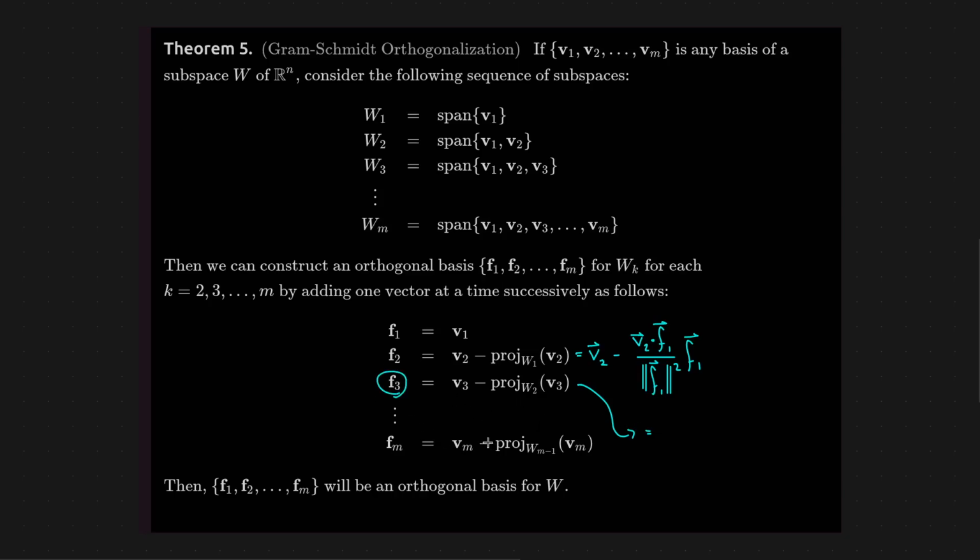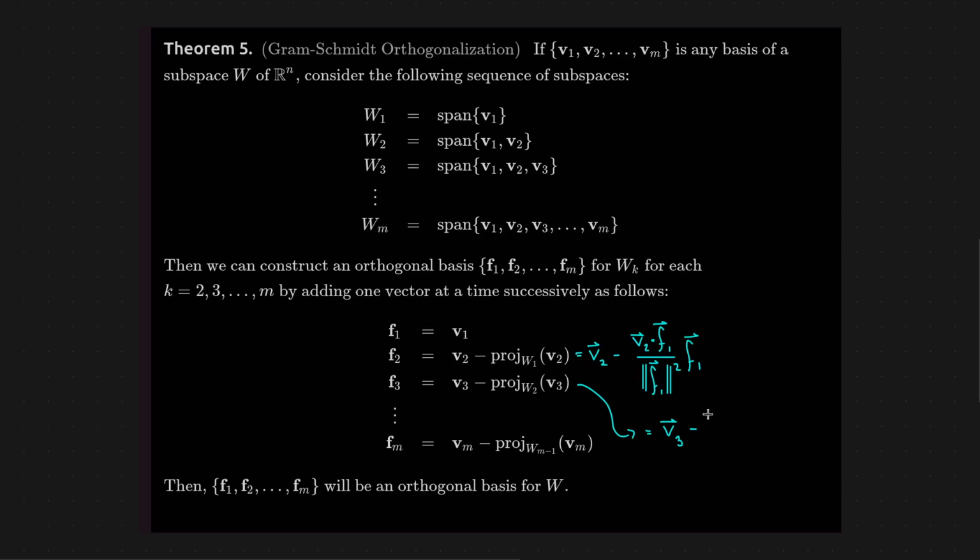And then for F3, I'm going to take V3 and subtract the projection of V3 onto W2. So that's going to be V3 minus the projection of V3 onto the orthogonal basis of W2. The orthogonal basis of W2 is the two orthogonal vectors we found before, F1 and F2.